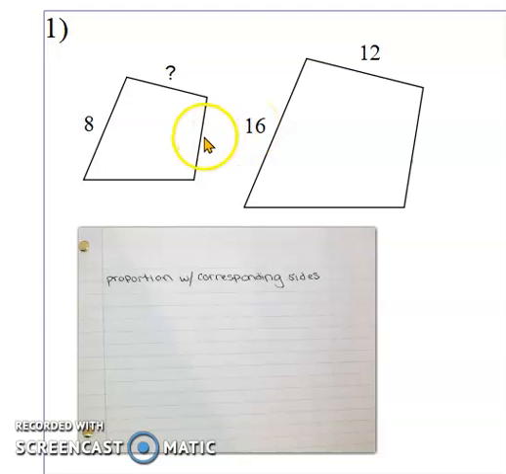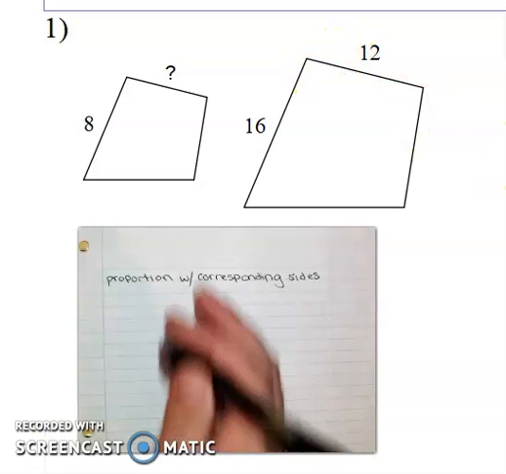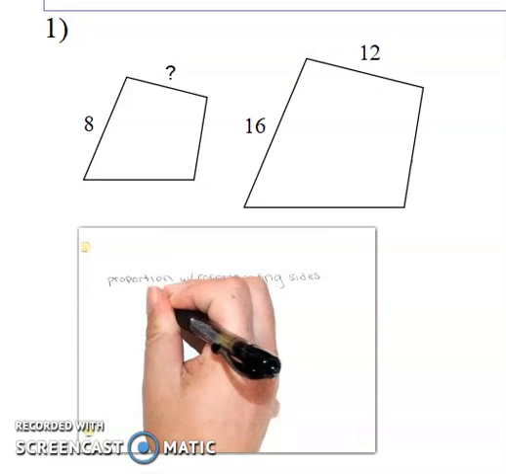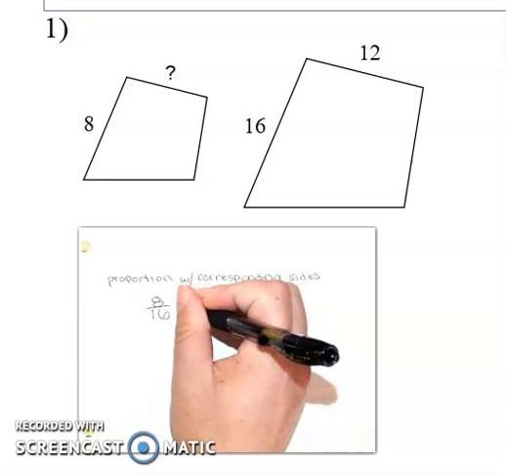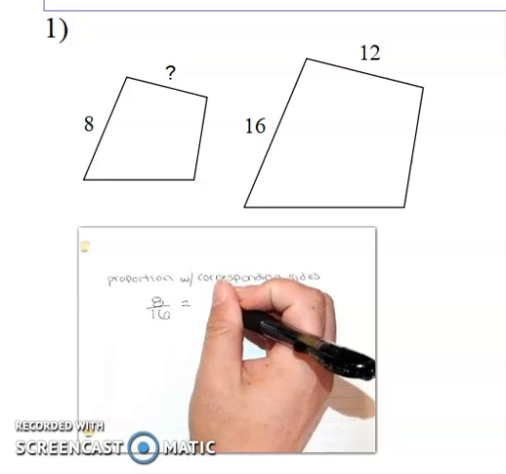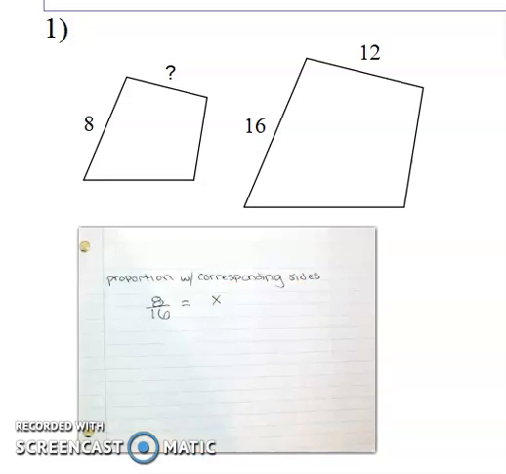So corresponding sides are sides that are in the same position. So the proportion between 8 and 16 needs to be the same proportion between this and 12. Okay, so 8 over 16 is the same as, I'm going to put an X, because I don't know it, over 12.